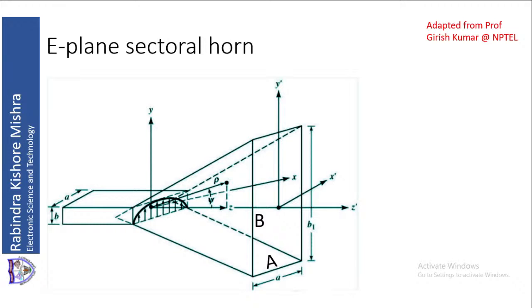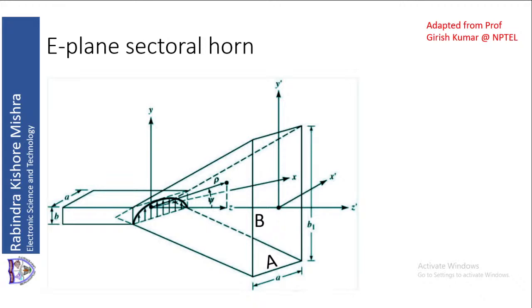The aperture on the waveguide was a cross b, so the width was a and the height was b. Now in the expanded case, the expansion is along the y-axis, therefore that becomes b1.